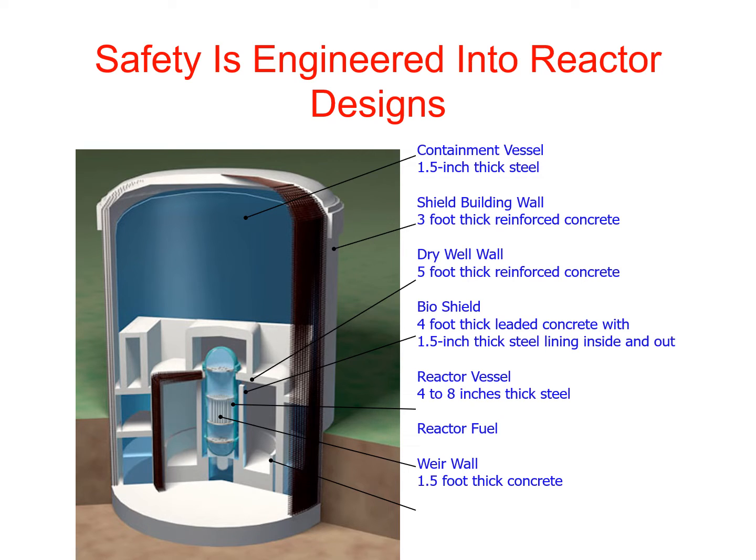See how many walls they have mounted over the reactor core, that is the fuel rod, or surrounding the fuel rod, how many layers of protection shields are built. See, for example, this is the containment vessel, 1.5 inch thick steel.